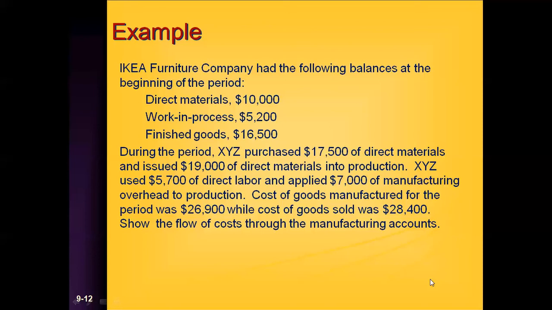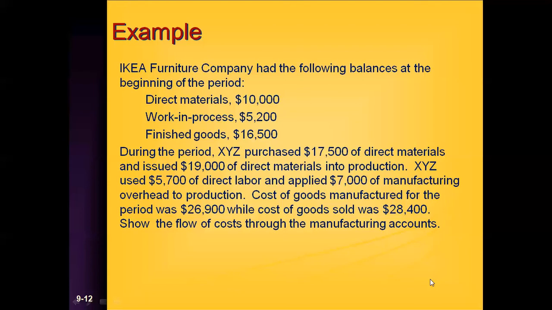The cost of utilities in a factory, the vice president or director of manufacturing salary, that type of thing. And then, these last events, the cost of goods manufactured for the period was 26.9, while the cost of goods sold was 28.4. Those would typically be involved in the finished goods inventory account.